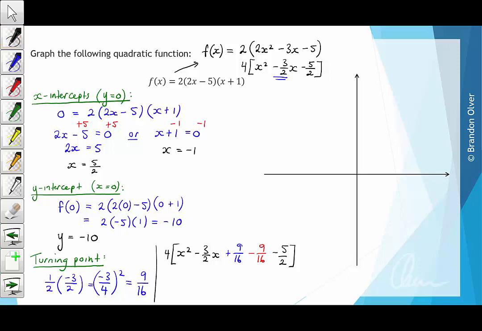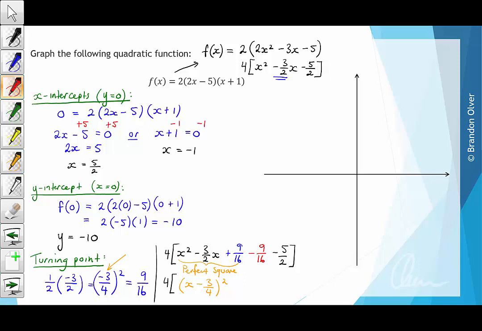Continuing on, the 4 stays out the front, and the first 3 terms are a perfect square. So we can factorize these as x minus 3 on 4 all squared, where the negative 3 on 4 comes from the half b term over here. And then minus 9 on 16 minus 5 on 2 is still remaining.